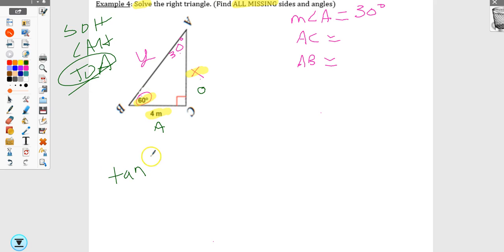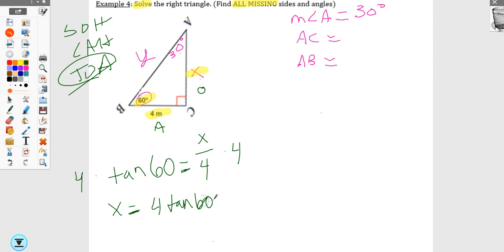So I'm going to do tan of 60 equals the opposite side, which I don't know, X over 4. Again, I'm going to solve for X. To do that, I multiply both sides by 4. So X ends up being 4 tan of 60.